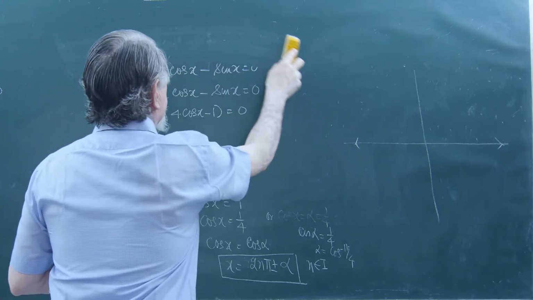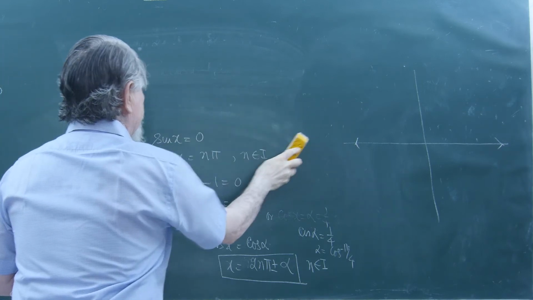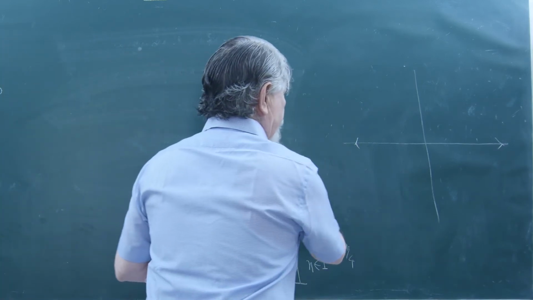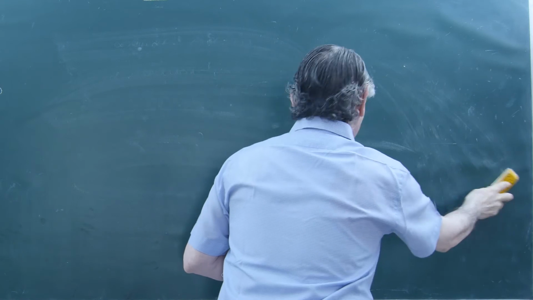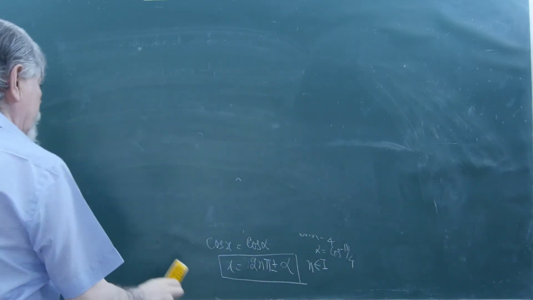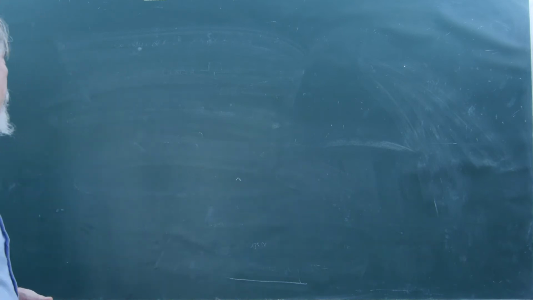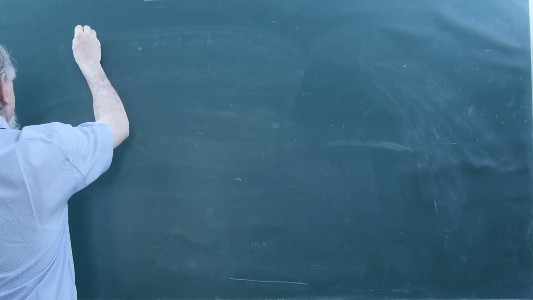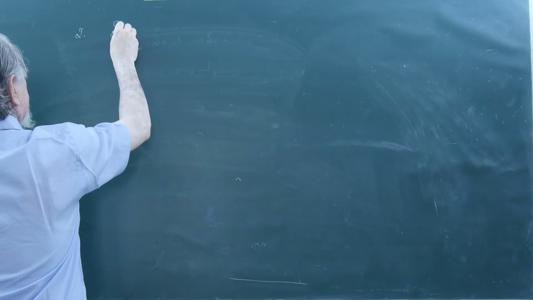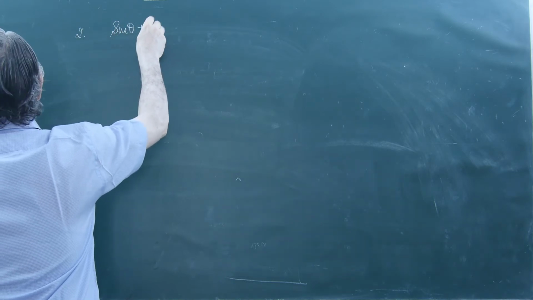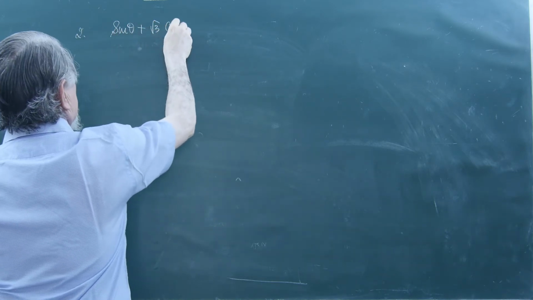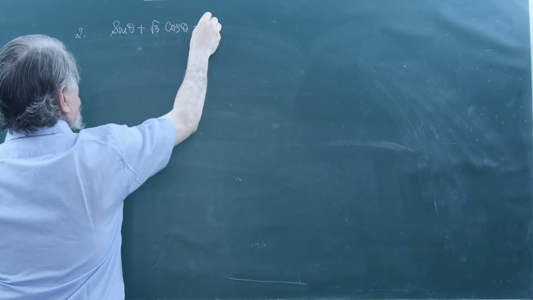Now let us look into the second question. We are repeating the second and third of the same kind. In the second question I have sine theta plus root 3 cos theta is equal to root 2.